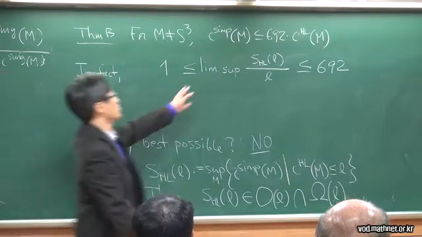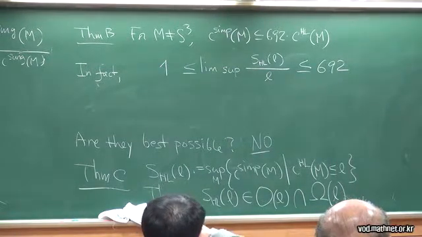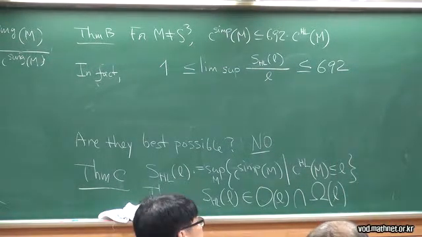So the supremum is explicitly estimated in this way. So it's in particular positive and bounded above.